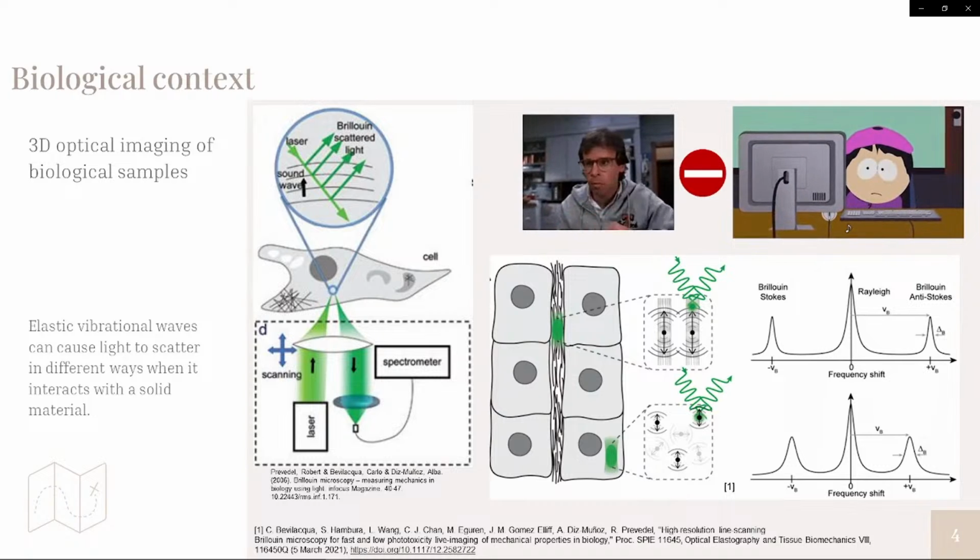And this different behavior depends on the composition of these solid materials. Depending on the composition, there is a difference in the frequency shift. So if you see here, there's a different interaction between these cells, and there's a difference in the frequency shift between the Rayleigh peak and the Brillouin peak. This is the concept that we effectively use for all of the analysis of Brillouin microscopy.